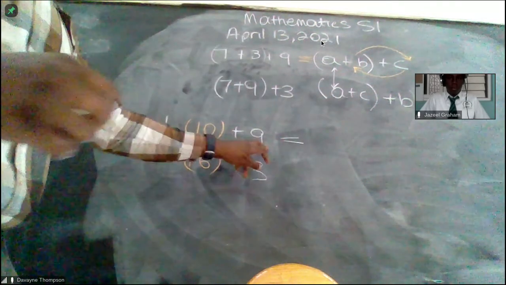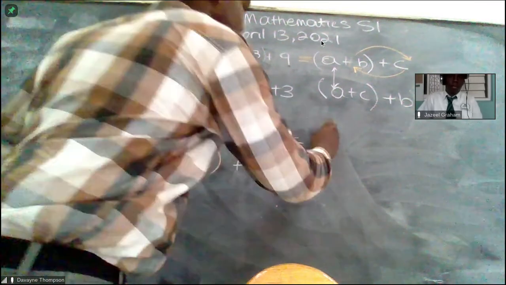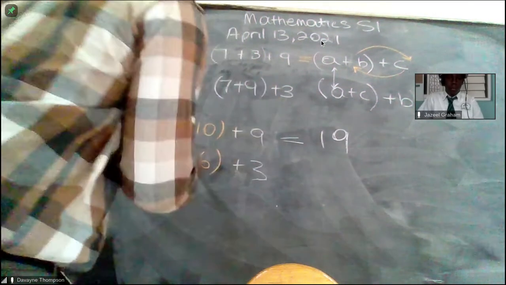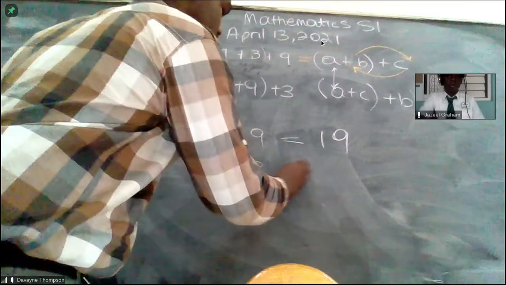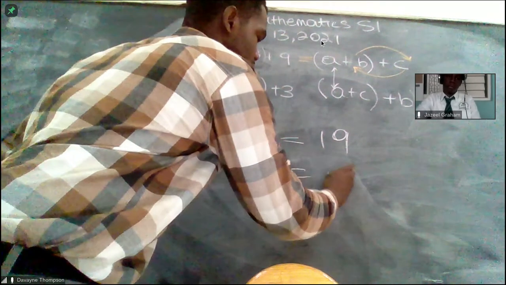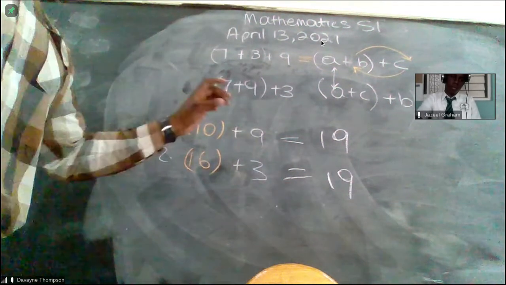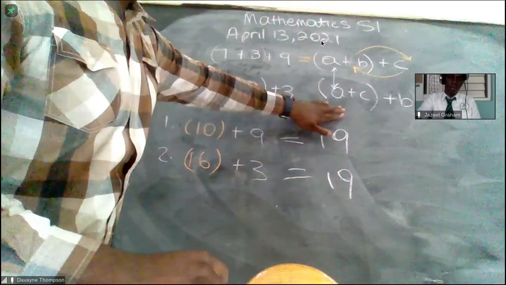So, Jazeel, what is 10 plus 9? 19. And what is 16 plus 3? 19. And there you go. That's how you proved this answer. But just to make sure, which law did we observe here?